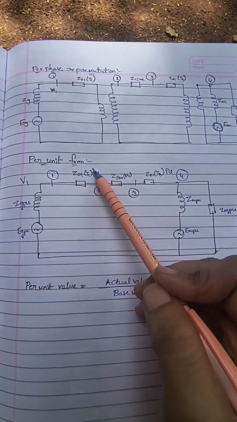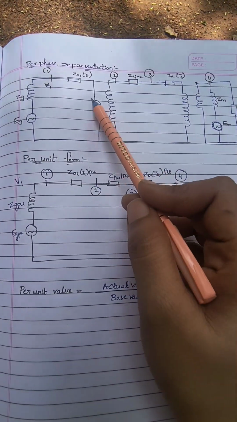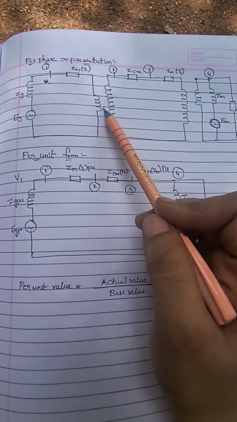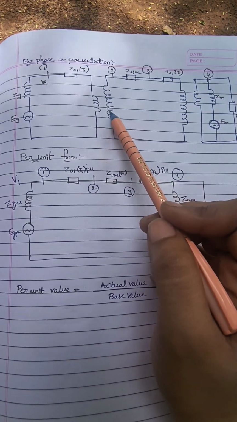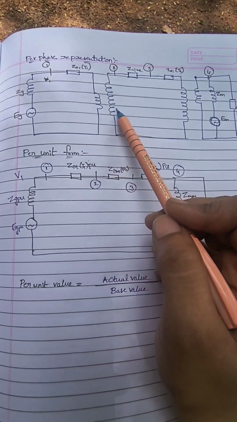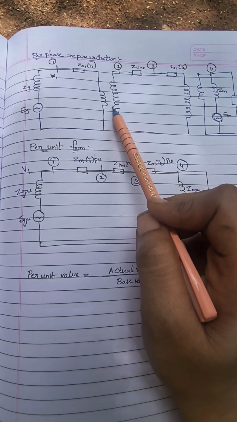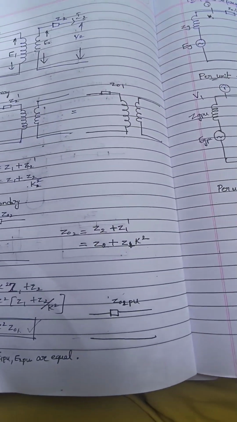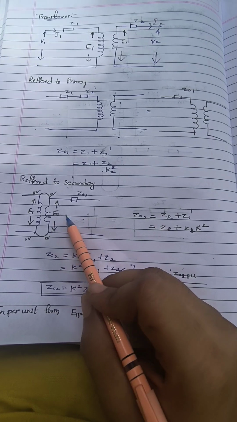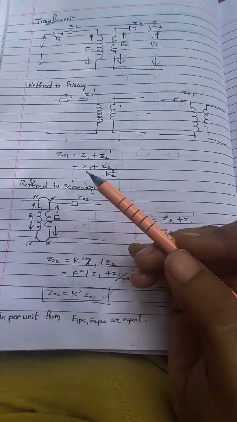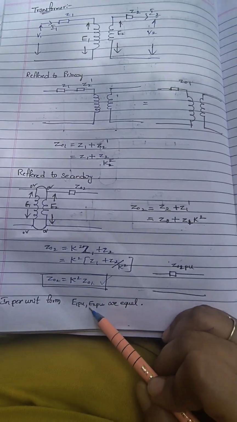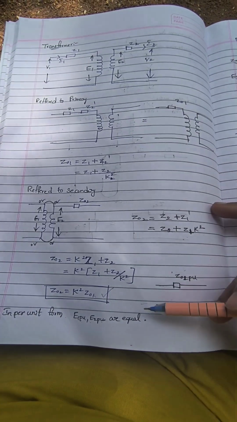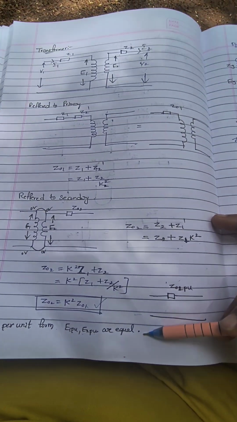And for the per unit representation, we can neglect this separation of circuit. So for getting the transformer in per unit form, we will see here, in per unit form, the induced voltages, that is E1 per unit and E2 per unit, are equal.